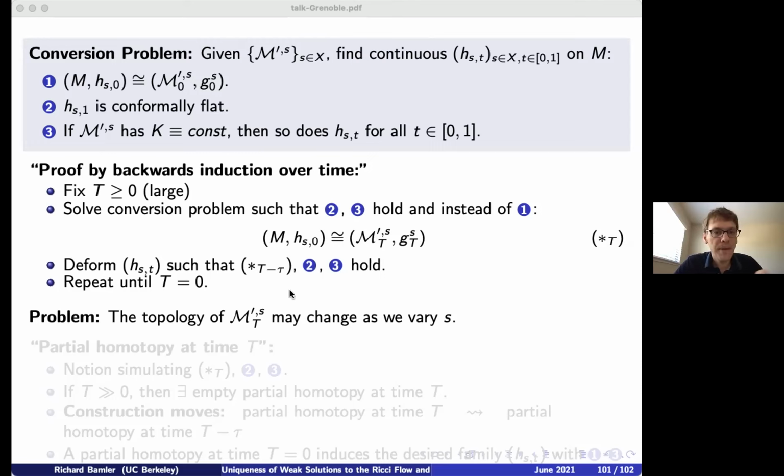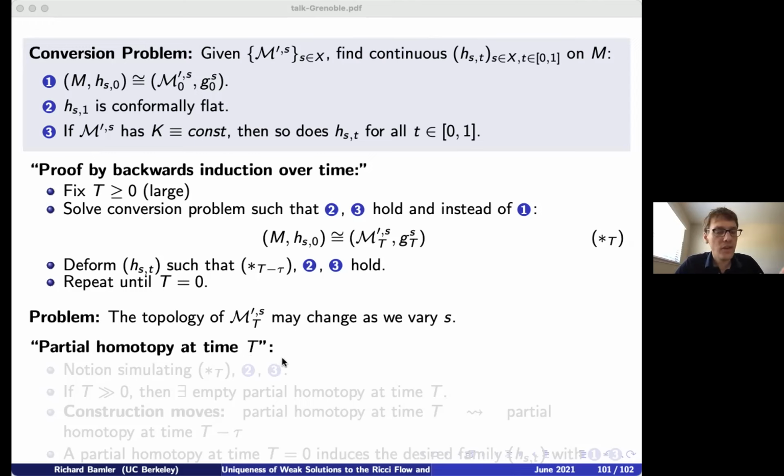the main idea is now to come up with some new notion and to imitate this idea in such a way that it's mathematically correct and still follows this process. And to do this, we came up with a new terminology that's flexible enough to precisely fit our purposes. We'll call this a partial homotopy at time t.